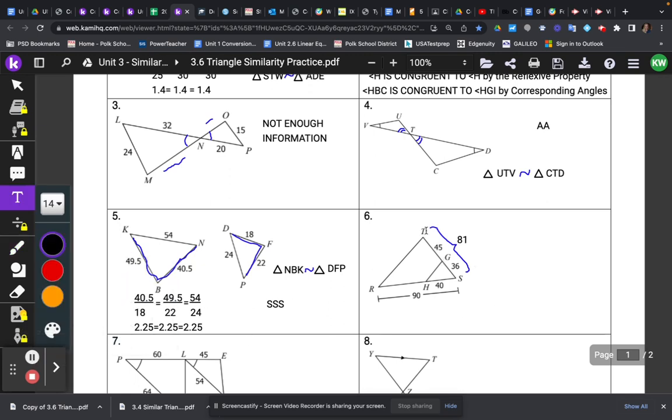Now, if I go all the way from T to S or S to T and add 45 to 36, I now have a number that I can set up as a proportion. So here we go.